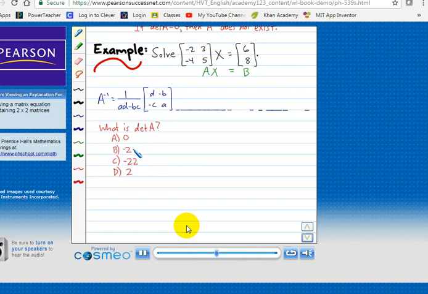Is it 0, negative 2, negative 22, or 2? Choose A, B, C, or D. So I want you to solve. What is the determinant of that matrix? Remember, you're just going to multiply the diagonals and solve.